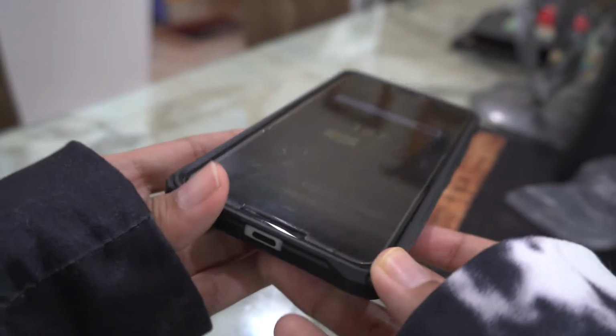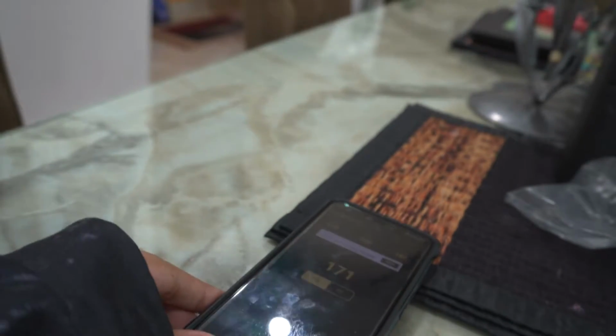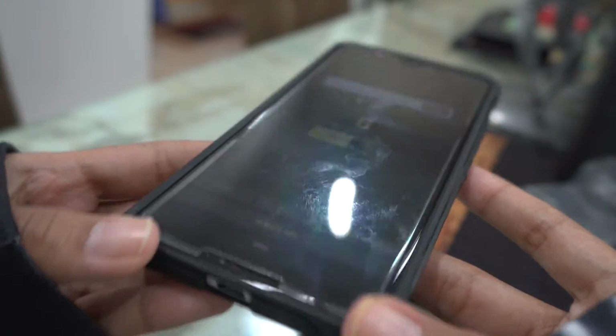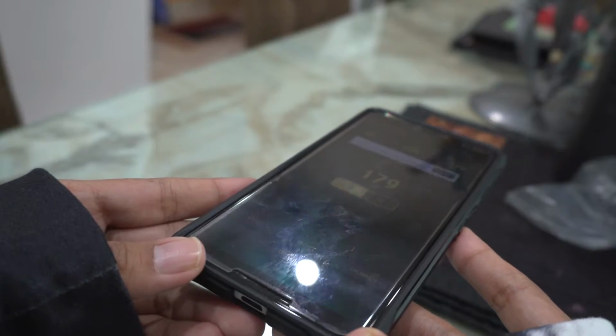And as an example, at this point we have 100, we have to reset it, and at this point we have 179 lux meter. And for this experiment, I am using a 1 meter ruler to measure the point.